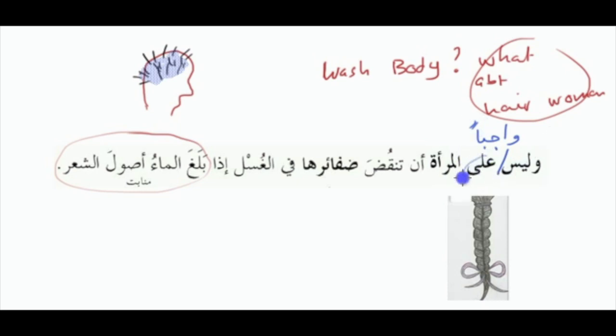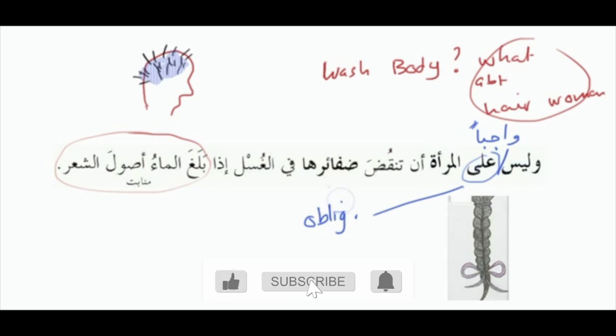Now this word ala is usually used by the fuqaha to give the meaning of obligation. This is going to come quite a bit in Qudoori, so as long as you're aware of it, it becomes very easy to understand the text. So here it's not upon a woman, in other words it's not necessary upon a woman to open her plaits in bathing when the water reaches the roots.